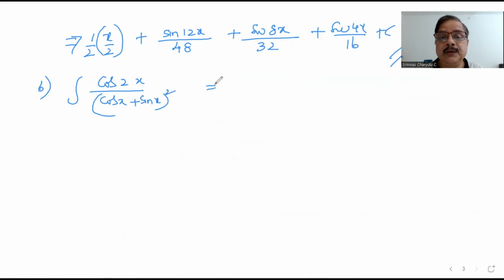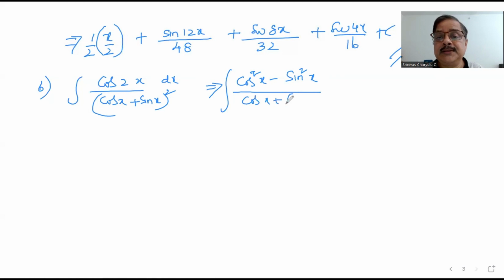In this sum, for cos 2x we have written three formulas: 2 cos square x minus 1, 1 minus 2 sin square x, then cos square x minus sin square x. That formula I am using now here. Cos 2x can be written as cos square x minus sin square x divided by cos x plus sin x whole square.